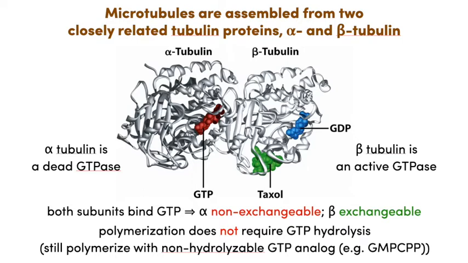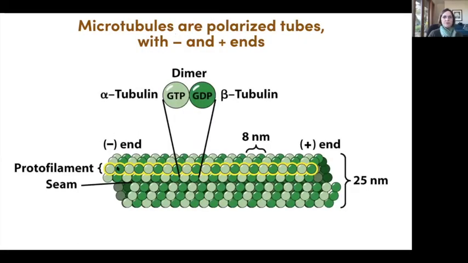Microtubules are hollow tubes, and this dimer of alpha and beta tubulin forms long polymers that are called protofilaments, but they're not stable by themselves. They co-assemble with other protofilaments to form this tubular structure, which is not completely radially symmetric.